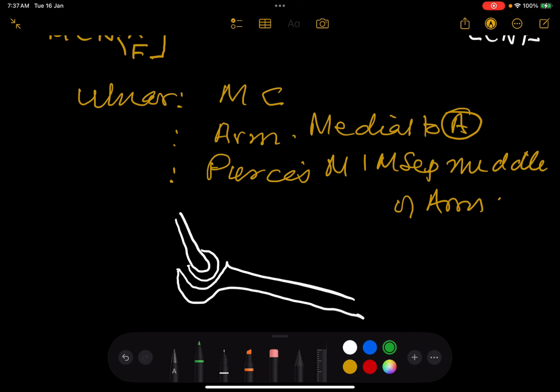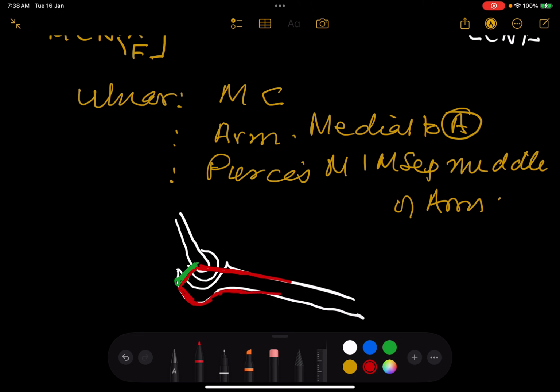Then we have placed the posterior part of medial collateral ligament, and we have originated the flexor carpi ulnaris muscle from the medial epicondyle, the posterior part of ulnar collateral ligament, the olecranon, the upper 1/4 of posterior border of ulna.